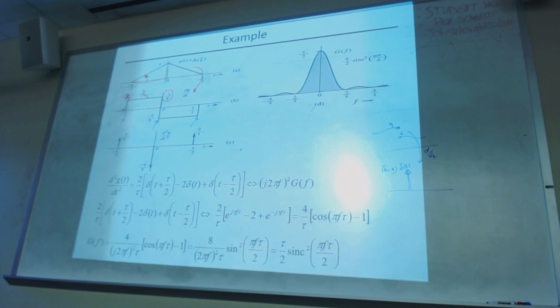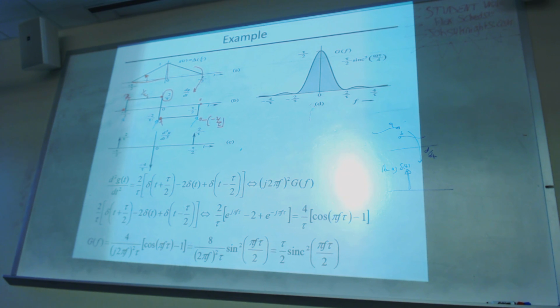That's how I get 2 over τ. On the right side you have 0, and here you have minus 2 over τ, so you get 0 minus this value. Now look at here.